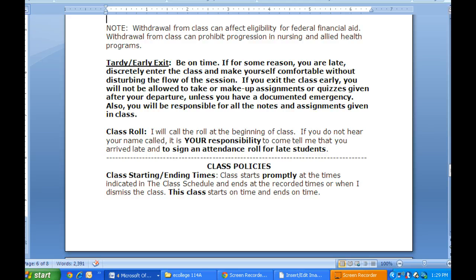I may ask you to sit quietly while I attend to other students if you're late. And I just expect you to be quiet and let the flow of the class continue. If you have to leave early, please try to sit somewhere where you can exit the room without disturbing others. And you are at all times responsible for whatever you miss in class. So if you miss it in class, you've got to get it outside of class.